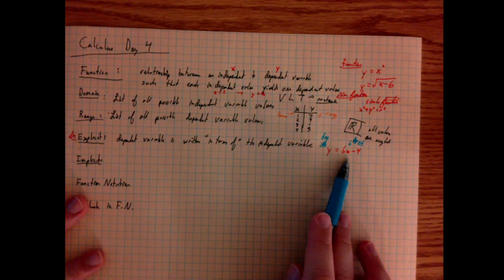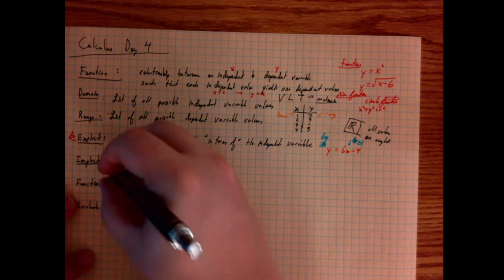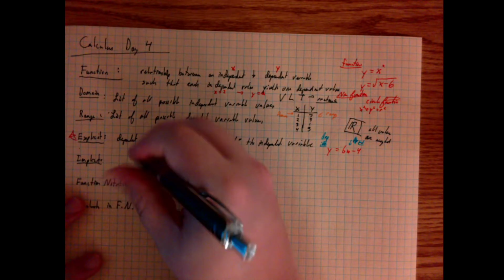So in this case, if I wanted to find out what my dependent value is when x is 1, all I got to do is plug in 1 and simplify. Explicit is the nice one. Implicit is the alternative.